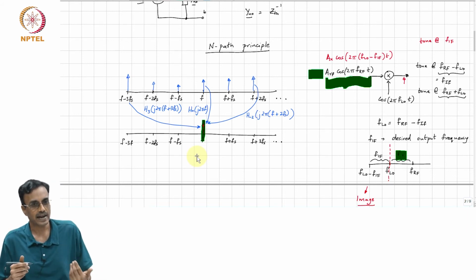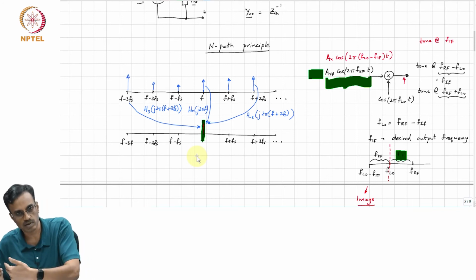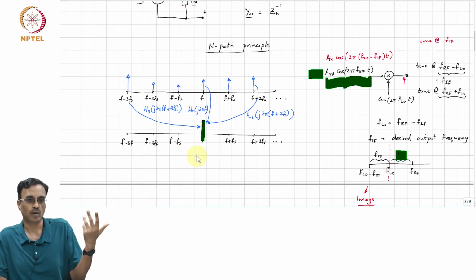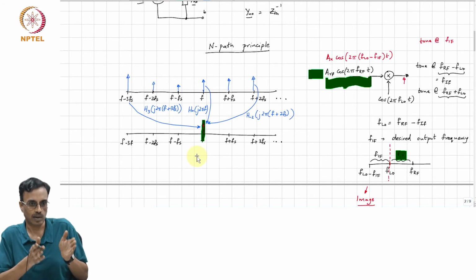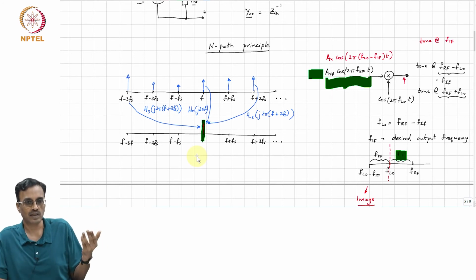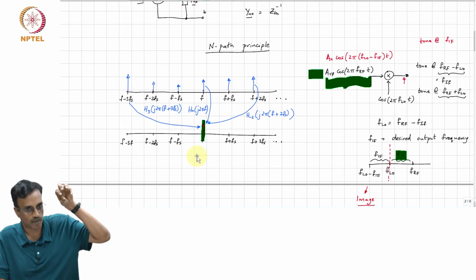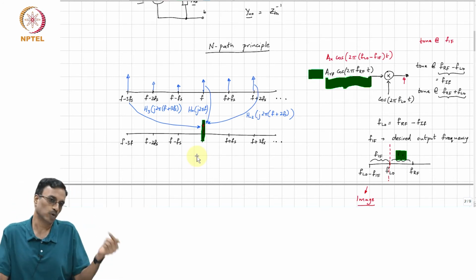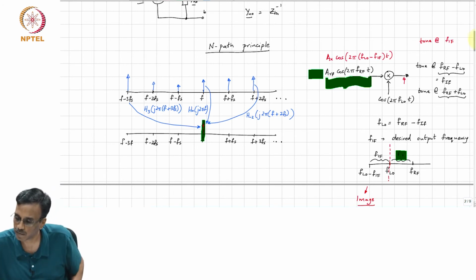If you sample any tone at integer multiples of Fs, after sampling it will appear like DC. Therefore, if you do not use an anti-alias filter upfront, you are not sure whether the output DC is because of the true DC that is coming in, or because of tones at multiples of Fs.